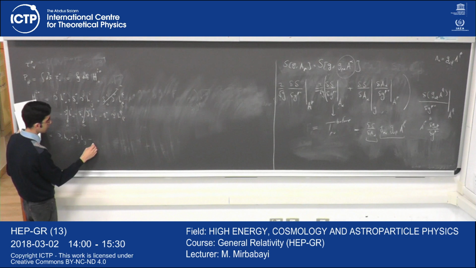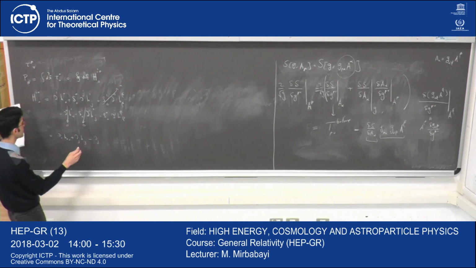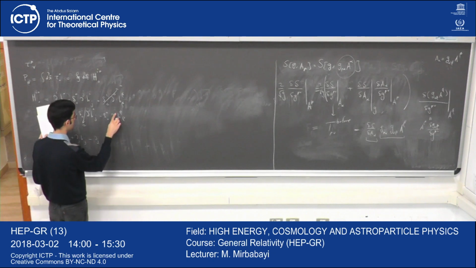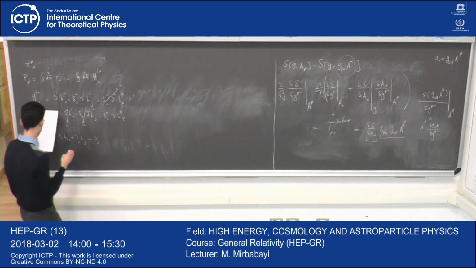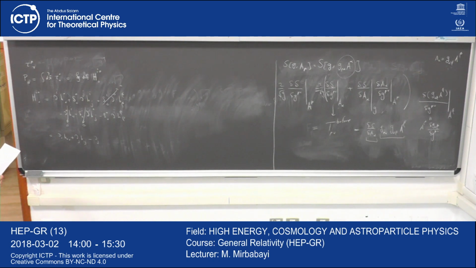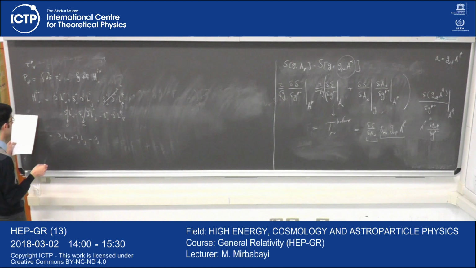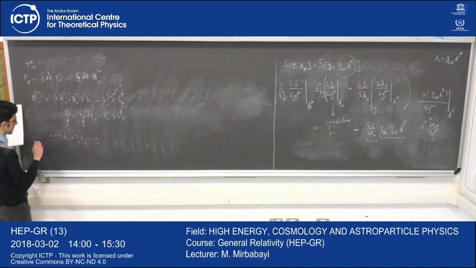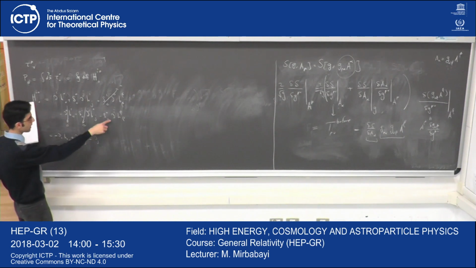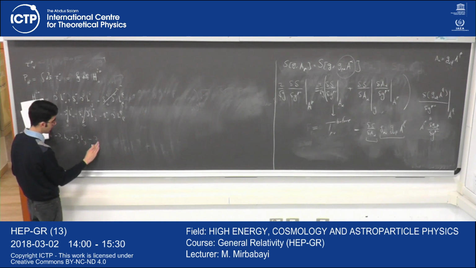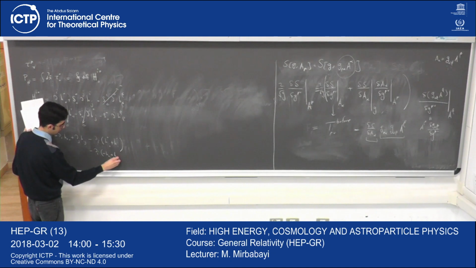Sorry, the indices now are screwed. So here I lowered one zero index, so this is minus, this is correct, this is minus di of h00 plus hii, which is minus di of minus h00 plus hii.